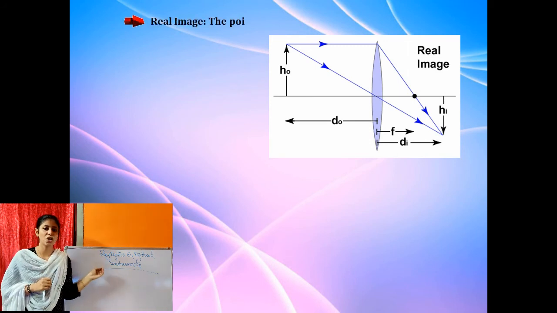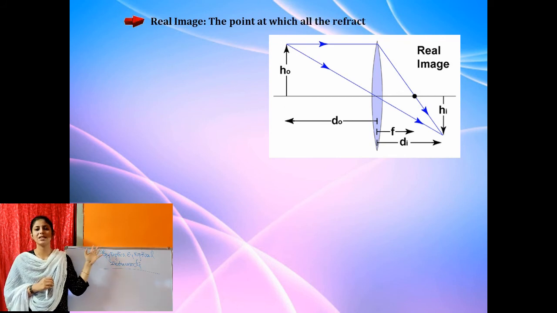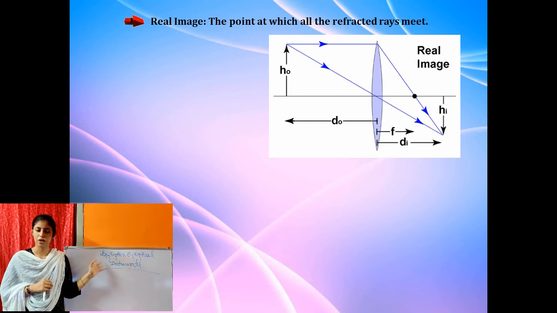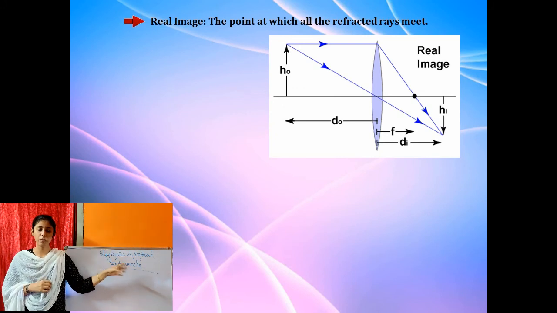So this h0 is the height of the object, and on the opposite side you can see h dash, the image. Here you can see all the refracted rays are meeting at a point. That point is nothing but the real image.